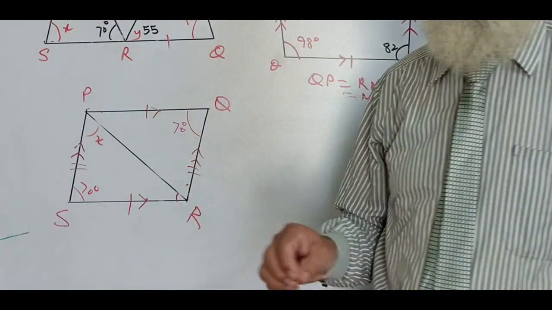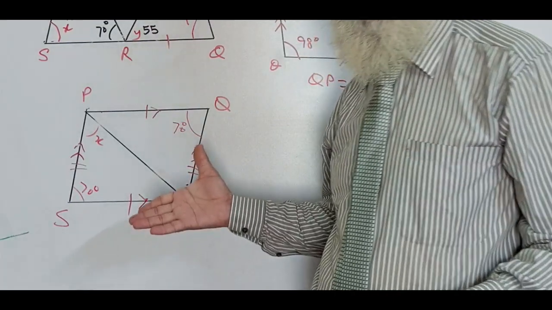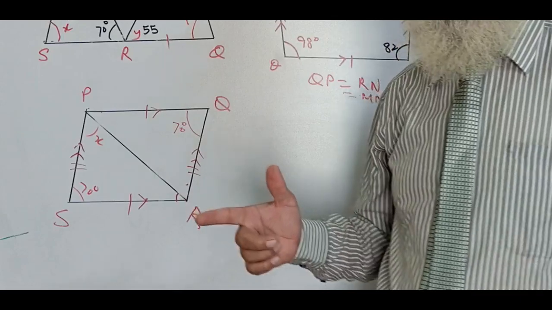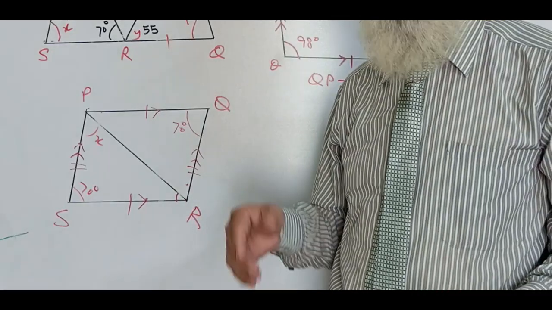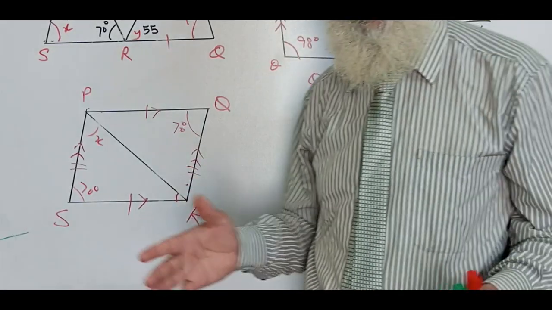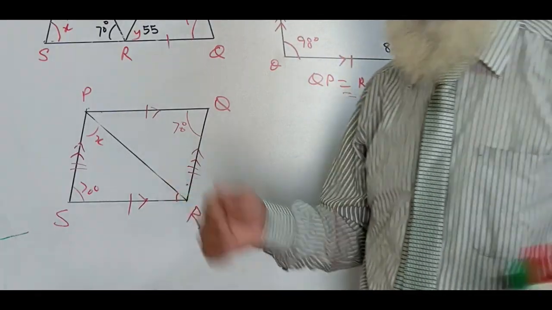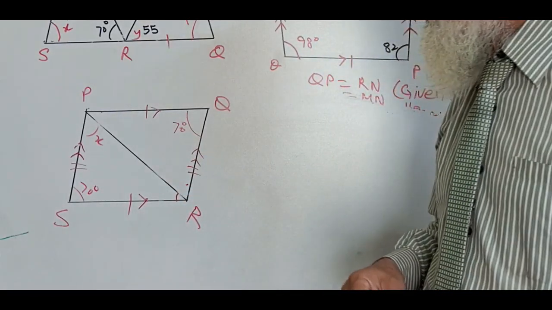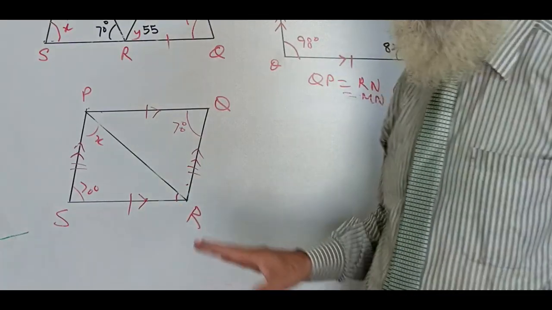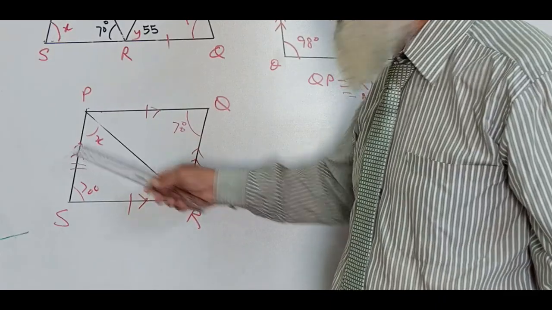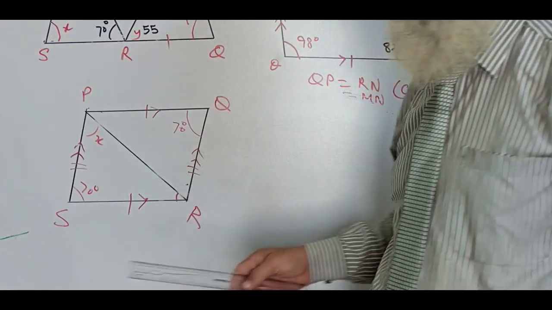Now, before going to the solution of this question, I may tell you that there is a postulate, and you know what a postulate is. We'll be discussing the postulates in upcoming lectures. But I may tell you now that you see there are two arrowheads over here and two arrowheads over here.